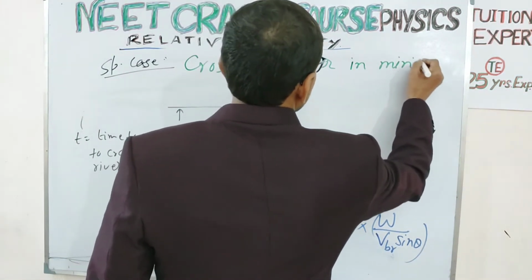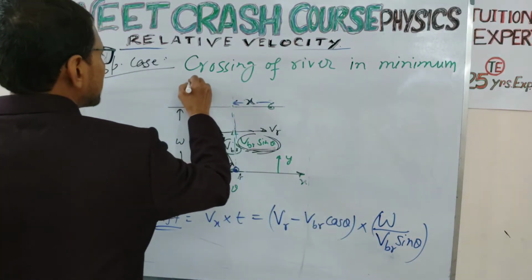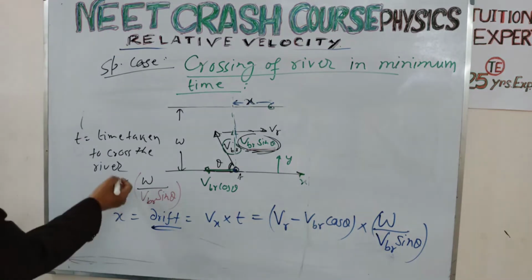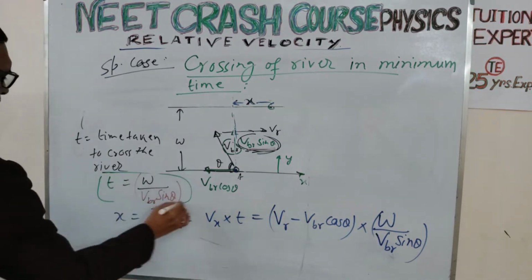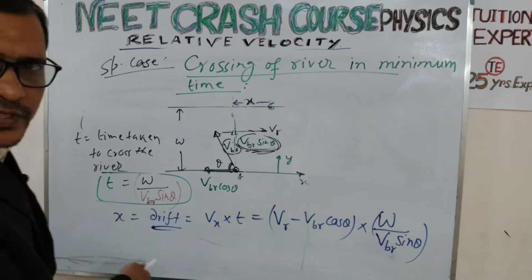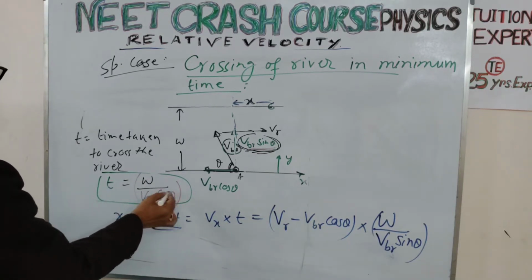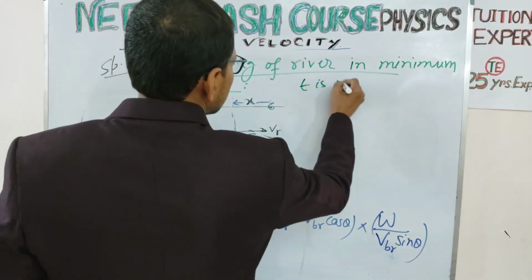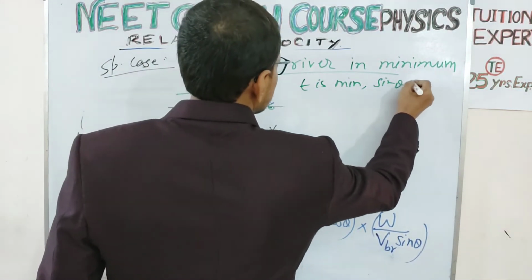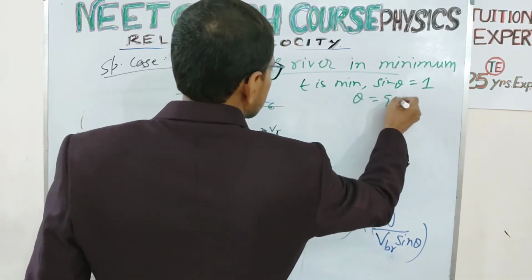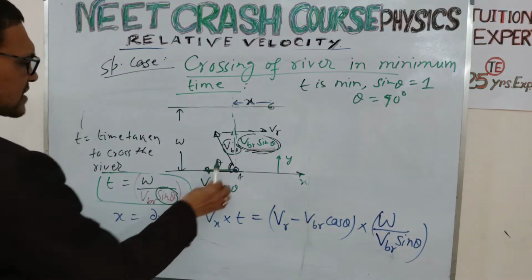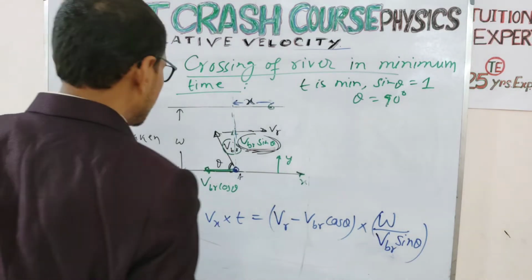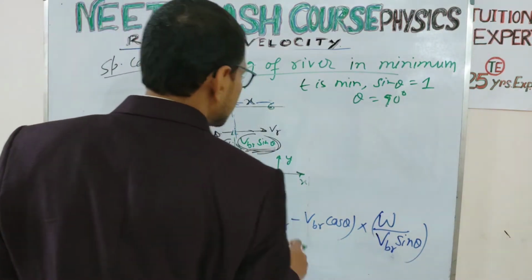We derived that the time taken equals this, so the time taken will be minimum if theta is variable and sin theta is maximum. So the time taken T is minimum when sin theta equals 1, that is theta equals 90 degrees. That is, if the man starts perpendicular to the bank, then he reaches the other bank in minimum time.